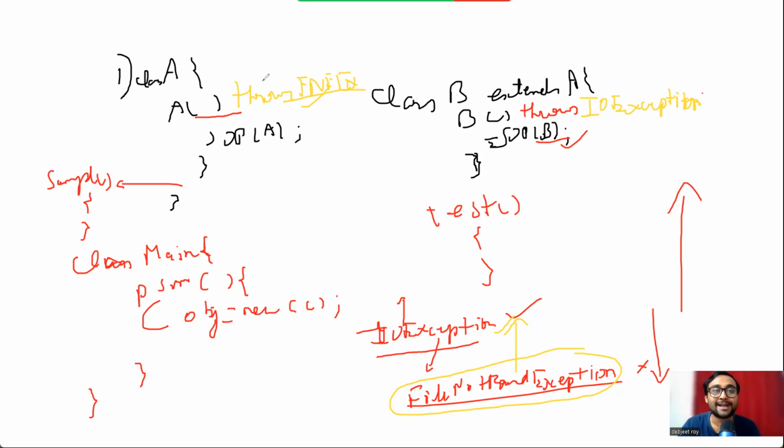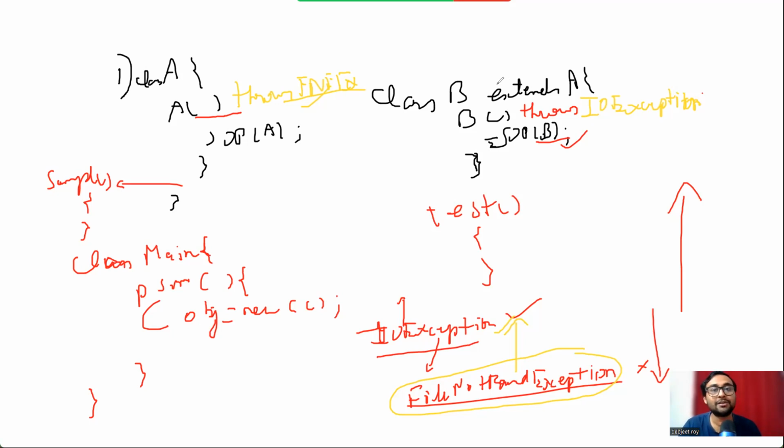So in case the class A constructor is throwing IndexOutOfBounds, and class B is throwing something lower in hierarchy, let's suppose class B is throwing the runtime exception ArrayIndexOutOfBounds, so it is lower in hierarchy than what the class A constructor is throwing.